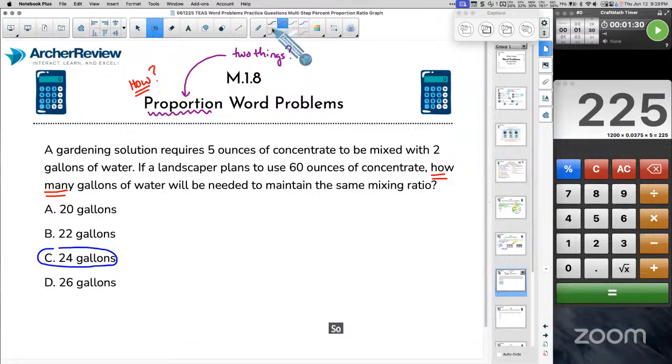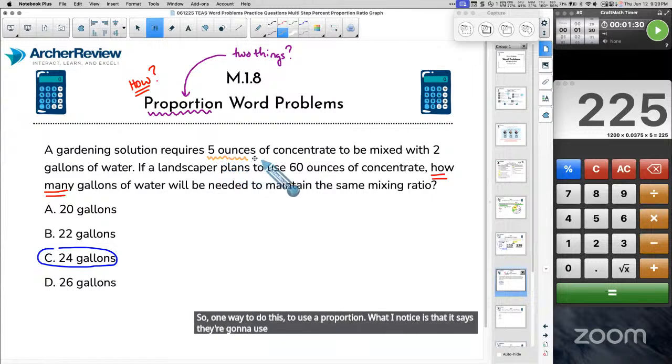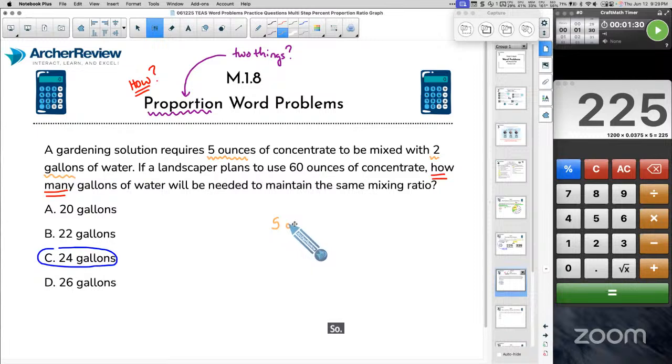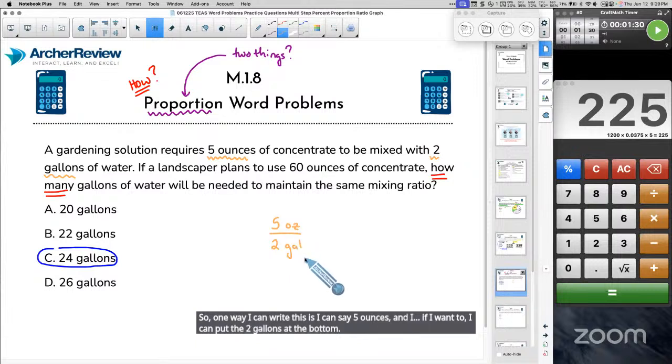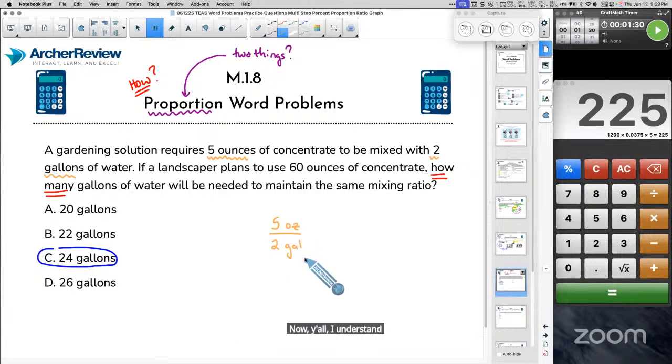So, one way to use a proportion, what I notice is that it says they're going to use 5 ounces of concentrate and mix that in with 2 gallons of water. So one way I can write this is 5 ounces, and I can put the 2 gallons at the bottom. Now, y'all, I understand 5 ounces is not equal to 2 gallons.